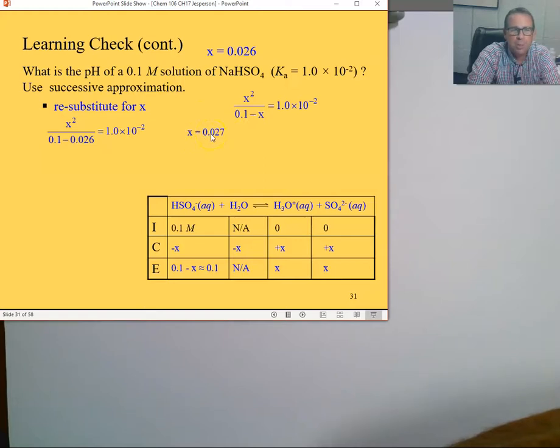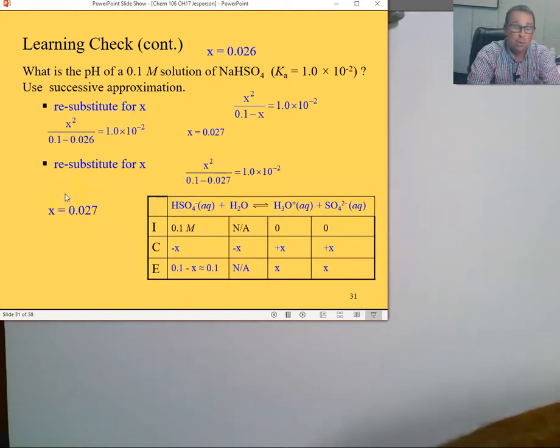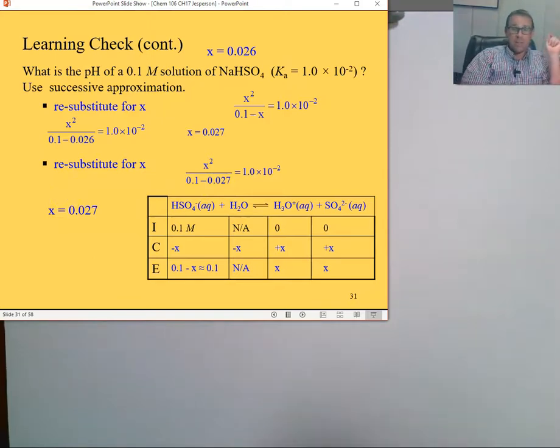Then I can take that 0.027, put it in again, and this time I get 0.027 again. So what that has shown me is that I've substituted in the x's that I knew were incorrect and gradually found the actual correct answer.